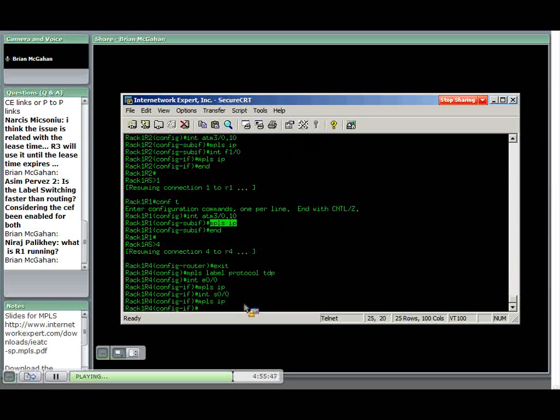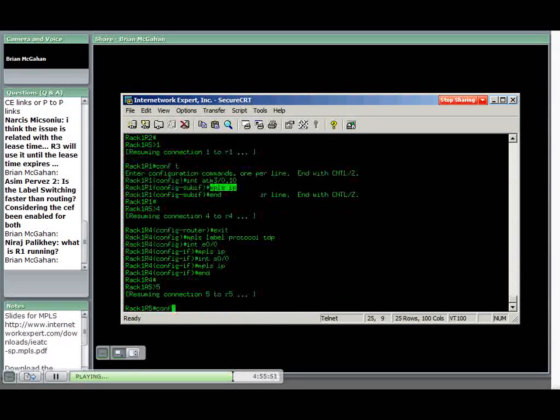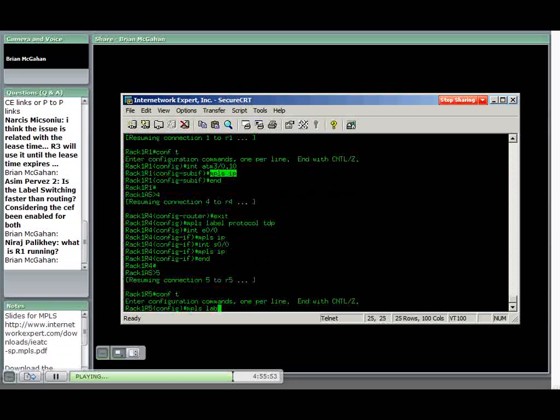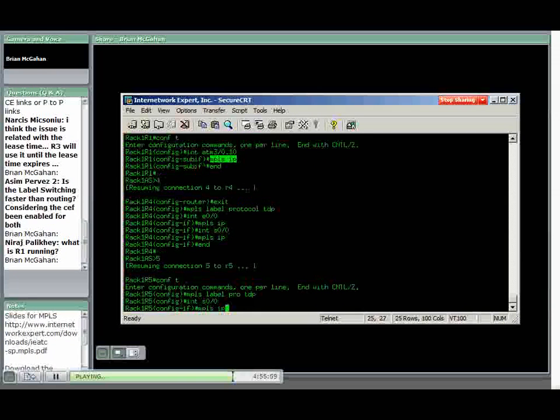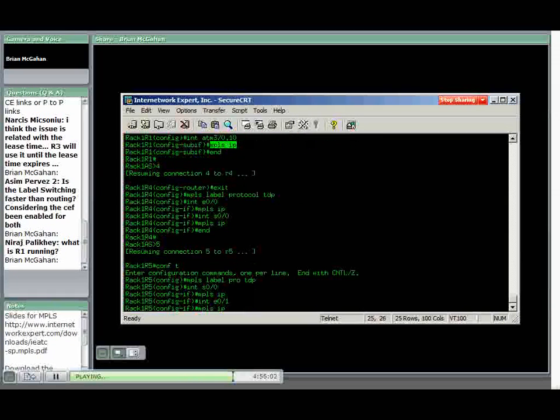And on everybody, in global config so everyone matches, we'll say MPLS label protocol TDP. Whether we're using TDP or LDP, it's not going to make any difference. They're both accomplishing the same goal.